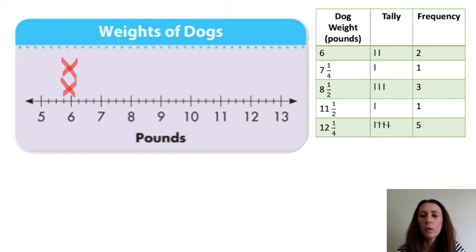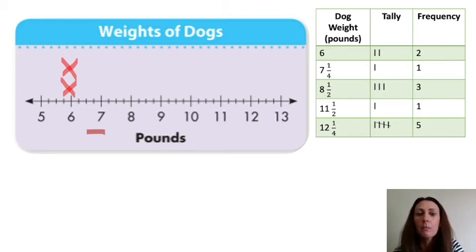So now I'm going to move over to 7 1/4. Okay, so here's my 7, and like I said earlier, my number line is broken into 4 equal parts between each whole number. So I know that the first tally marker, the first slash after the 7, is going to be 1/4. The second one is going to be what? Right, 2/4, or in simplest form, that's 1/2.